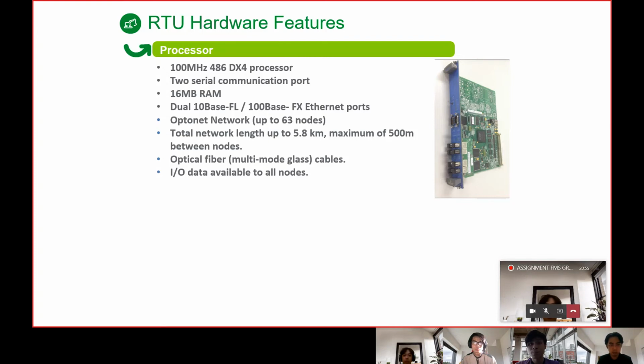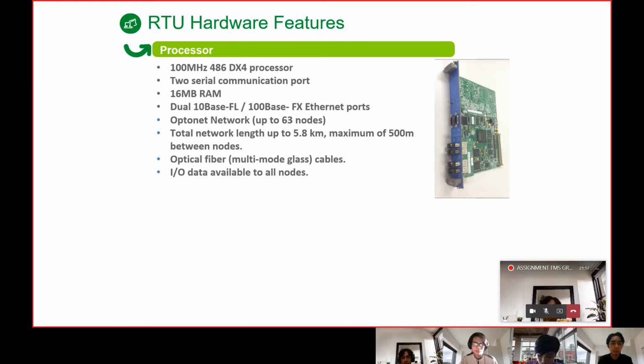It has 2 serial communication ports. It consists of 16 MB of RAM, dual 100BaseTX and FL 100BaseFX Ethernet ports, which give the communications to the substations. Alternate networks up to 63 nodes. Total network length up to 5.8 kilometers, maximum of 500 between nodes.